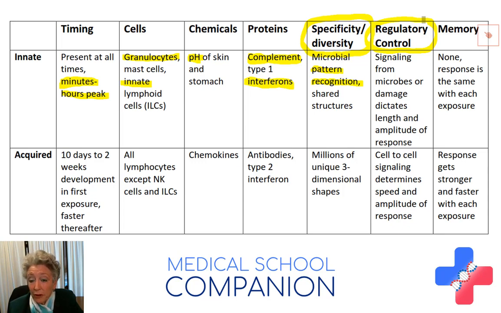So it's driven by the invader and not necessarily by any communication from cells that are actually deciding what they're doing. As long as the invader remains there, the continued response of these sentinel types of cells and chemicals will continue. As far as memory is concerned, there is none in the innate immune response.